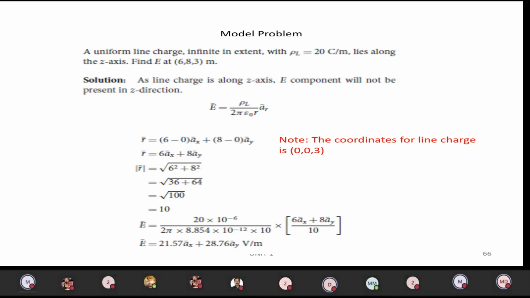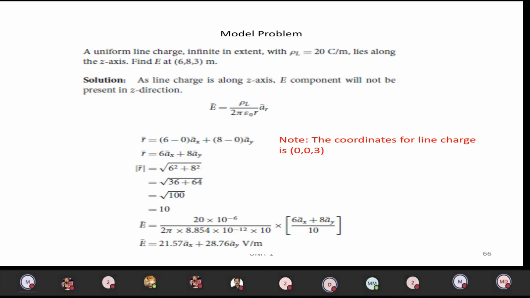Since the line lies along the Z axis, the electric field will not lie along the Z axis. In the question they have given E at (6,8,3), and that 3 I have to make 0. For that, I have chosen the point as (0,0,3). If the point they have given lies along the X axis, then the coordinate for the line charge I have to take is (6,0,0).